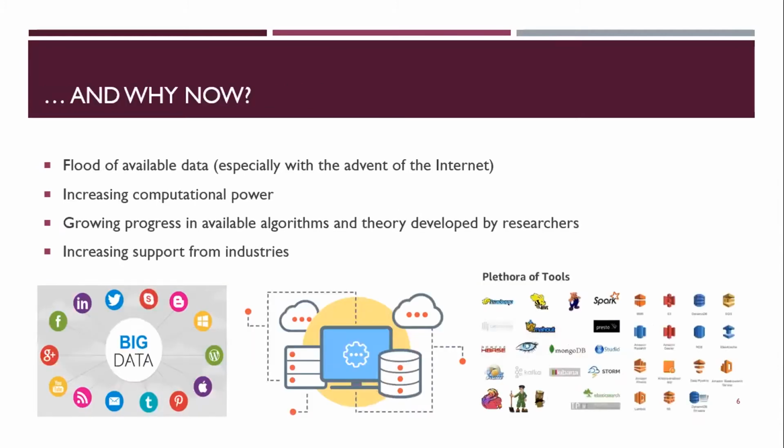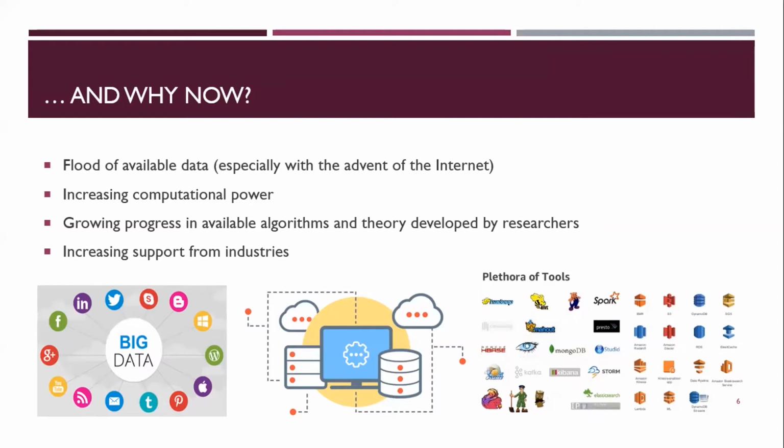So the main question is, why now? Machine learning isn't a very new concept. It goes way back to the 1950s, 60s, 70s. But it has become so popular today because of the availability of data. With the advent of the internet, we produce so much data on a daily basis.